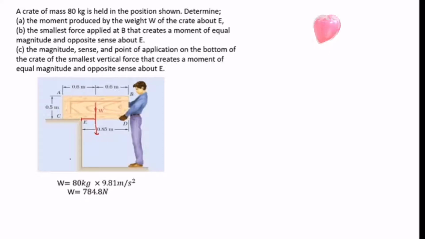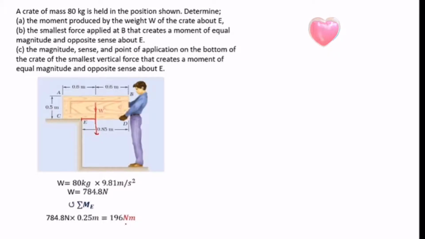So now creating the moment at E, we are going to get 784.8 Newtons times the distance, which is 0.25 meters, which will give you a moment of 196 Newton meters. So now we know the moment produced by the weight about E.